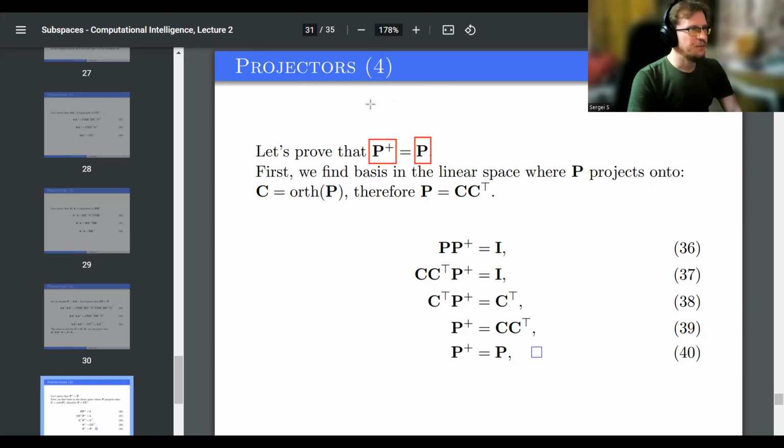Okay, let's prove it. First, we will describe P as C times C transpose. Why can we do this? Well, there is some orthonormal space to which P projects. We will just describe P in this fashion. We'll have to double check that the result is the same.